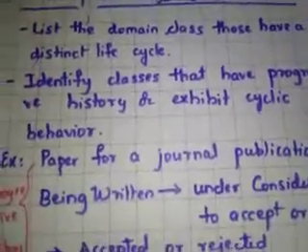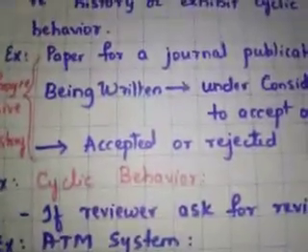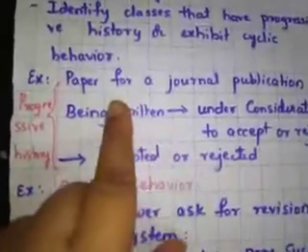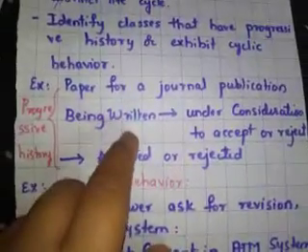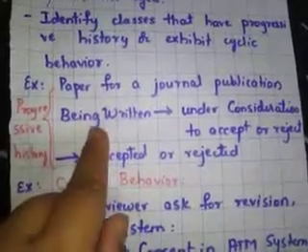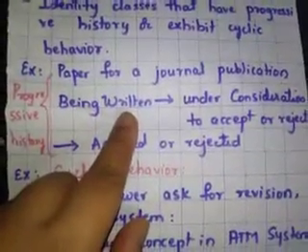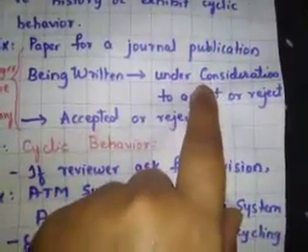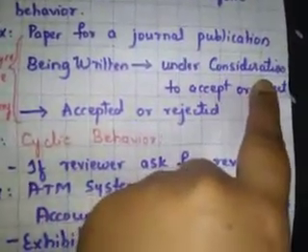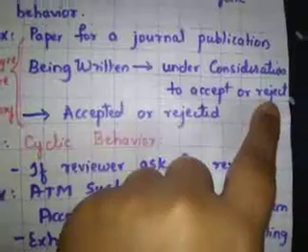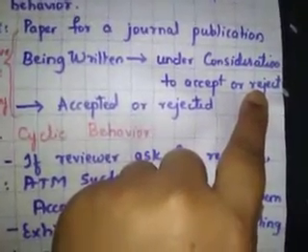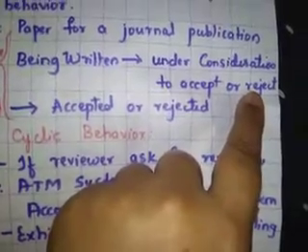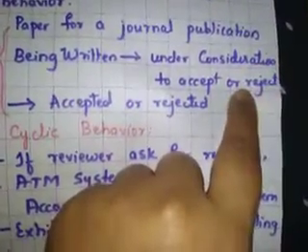Example, whenever you are publishing a paper in a journal, it has a progressive history. When you think of publishing a paper, you start collecting the material and it will be in the being written state. From the being written state it progresses to the next state, that is under consideration to accept or reject by the reviewer. When it is under consideration, the reviewer will take the decision whether to accept your paper for publication or reject it.